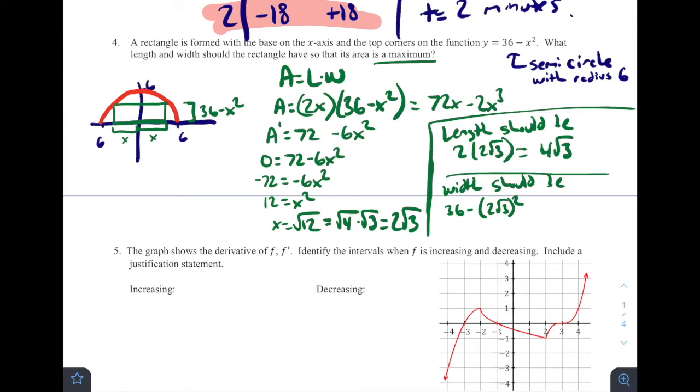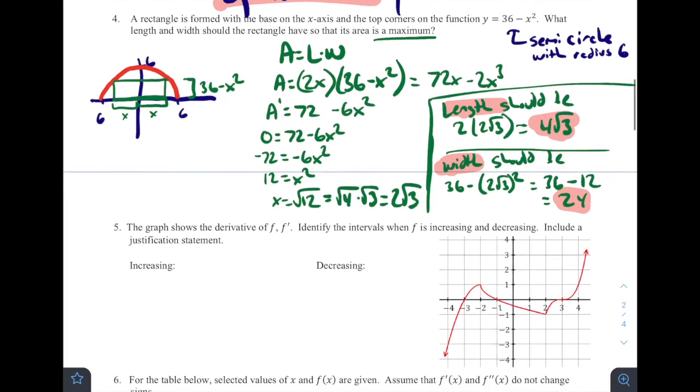So that looks like that's going to be 36 minus 4 times 3, so minus 12 is going to be 24. And so our length is going to be 4 root 3. Our width is going to be 24. So those would be the values that this rectangle would need to have in terms of length and width to optimize and maximize the area if it's constrained that its corners have to be on the circle. That is the most area that you could possibly have.